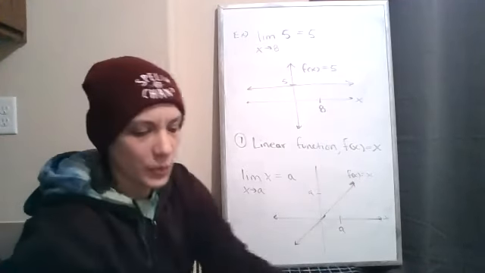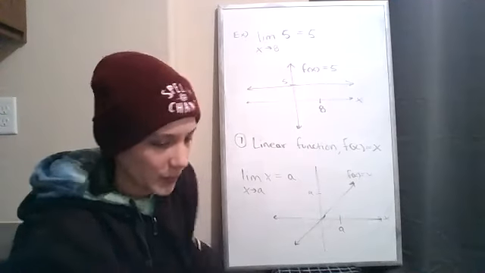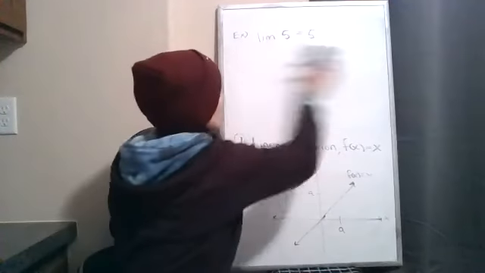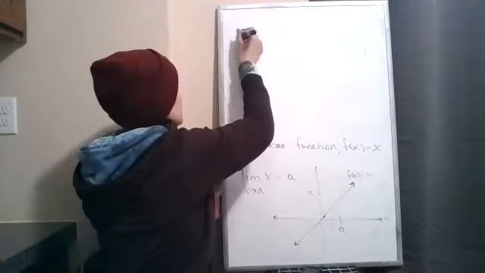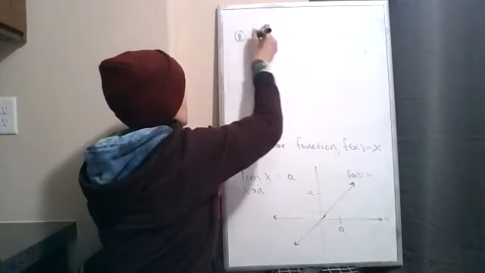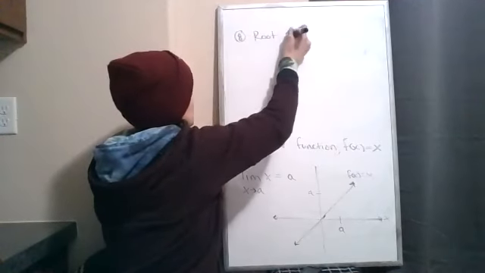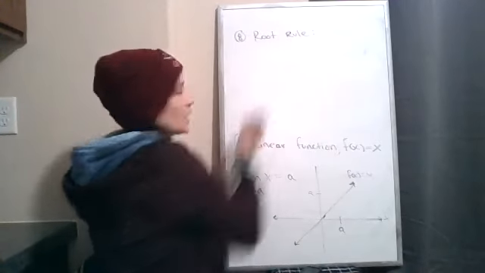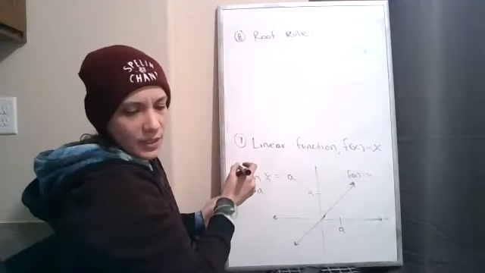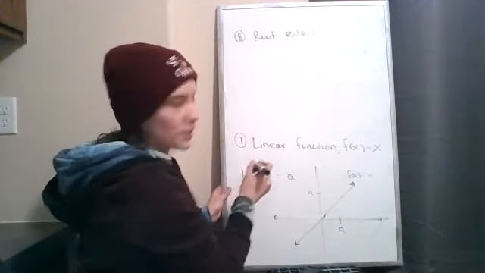I think this is the last rule. So the root rule is the limit of the nth root of f of x as x goes to a.